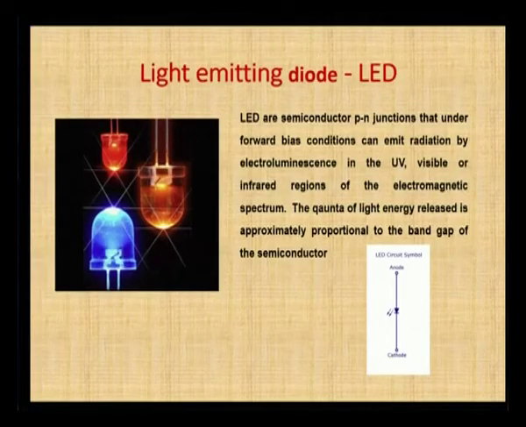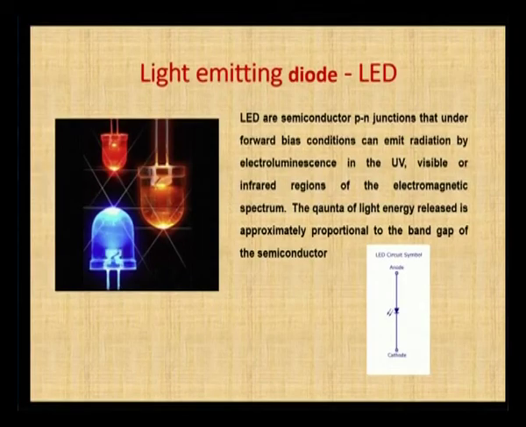LED means light emitting diode, a semiconductor PN junction that under forward bias condition can emit radiation, and that radiation falls in the visible light wavelength of the electromagnetic spectrum, so that it is visible to the human eye.